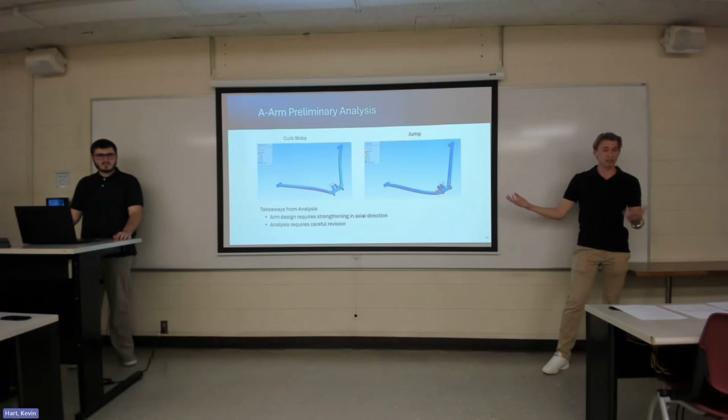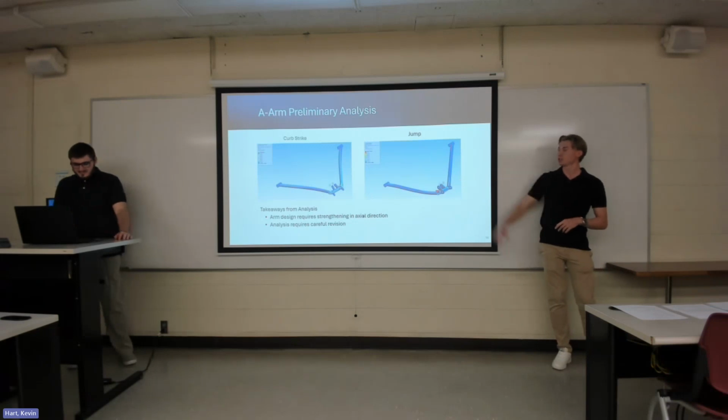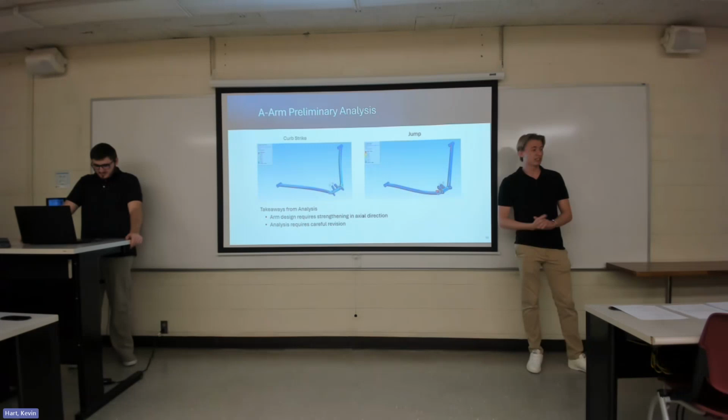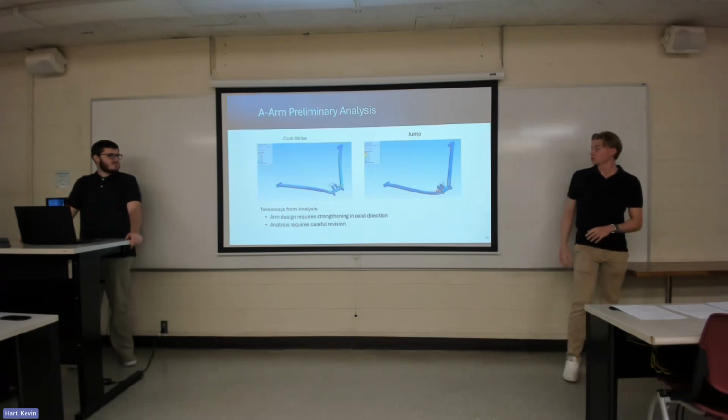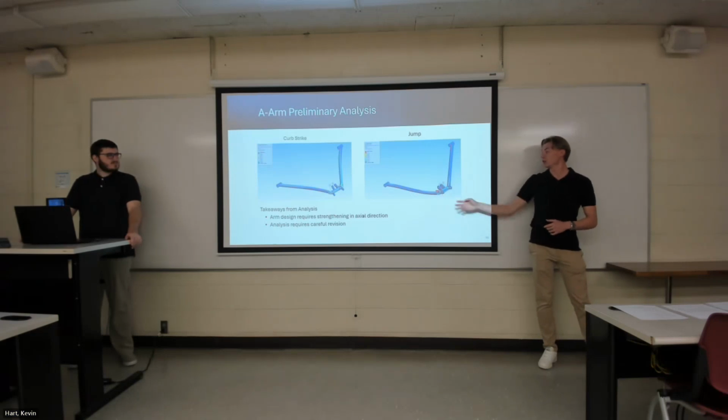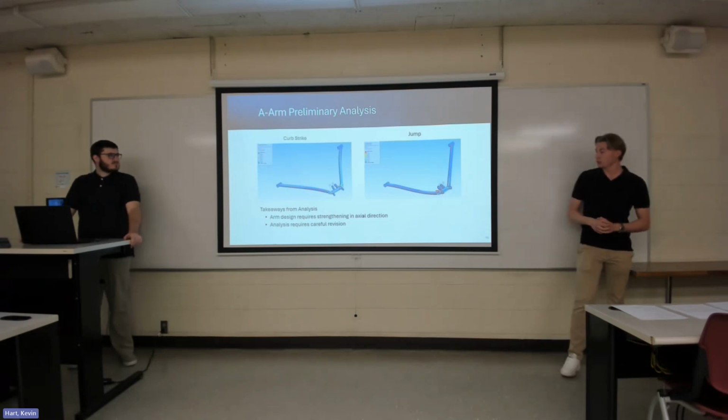But at the moment we are getting results, which is definitely an improvement on where we were earlier in the semester. In terms of the jump load case, this one seems to be a bit more robust. We are at 67,000 PSI in terms of the peak stress, again at a stress concentration, and the part otherwise is deforming as expected.